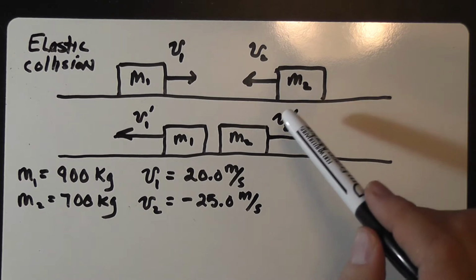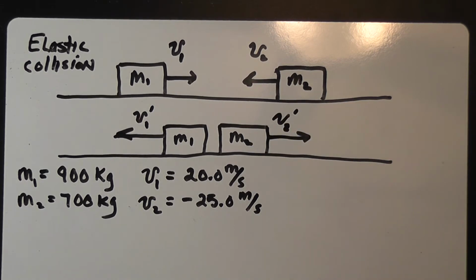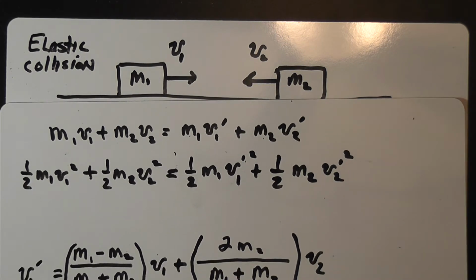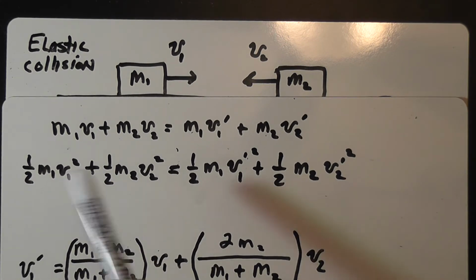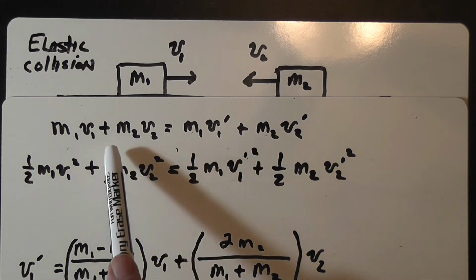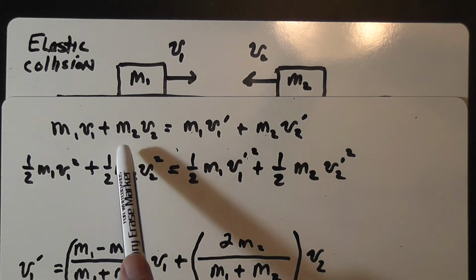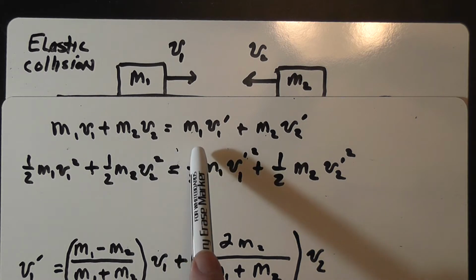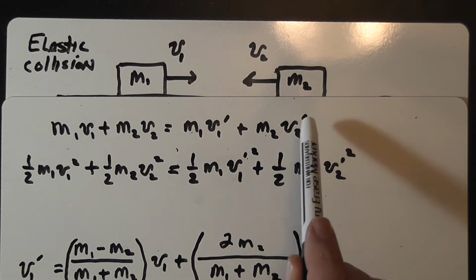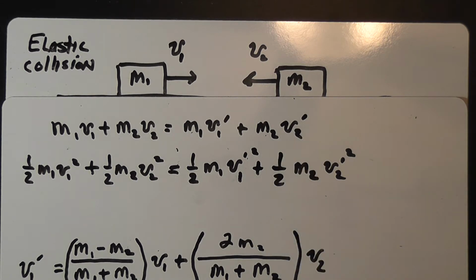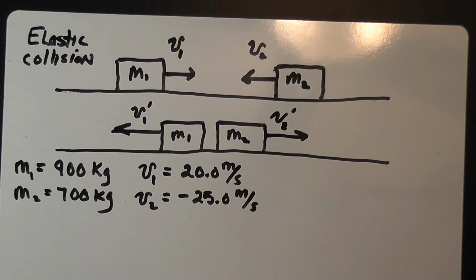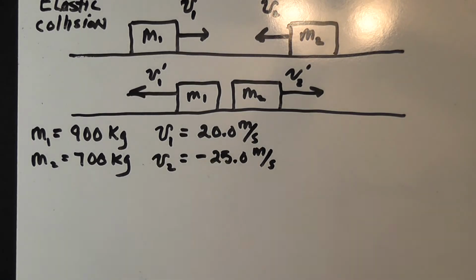Well, if we look at the equation, this is the equation that we need to solve. Okay, m1 v1 plus m2 v2 equals m1 v1 prime plus m2 v2 prime. Okay, we have two variables. So let's take a look at that a little closer, and we have our values also here for the problem.